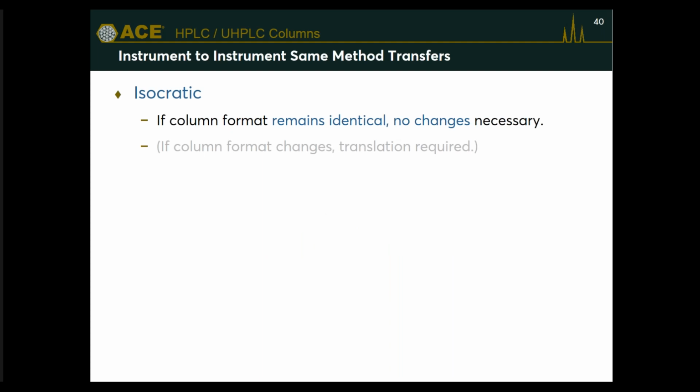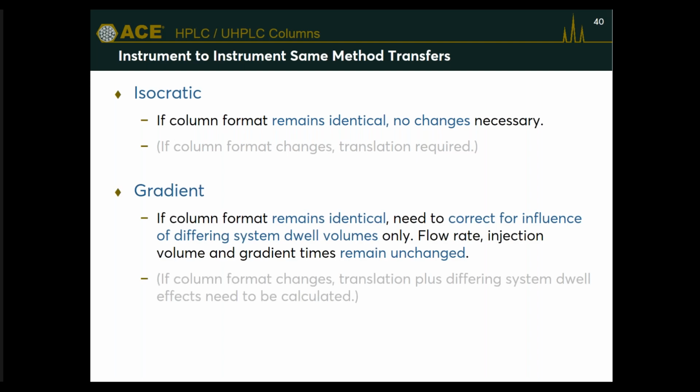So this is switching between different instruments. It might be from your lab to an adjacent lab, your lab to a CRO lab, or your lab to a partner's lab, in another country, another continent, it doesn't matter. If it's an isocratic method, then typically the transfer is quite simple because the method doesn't change. For gradient separations, it's not the same.